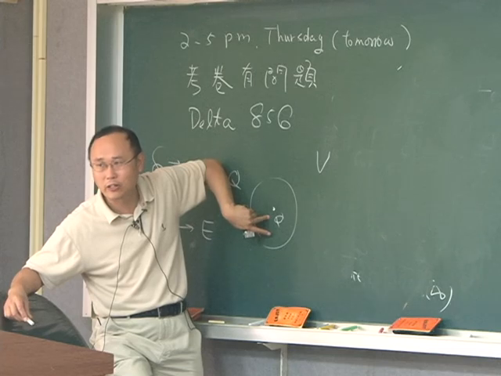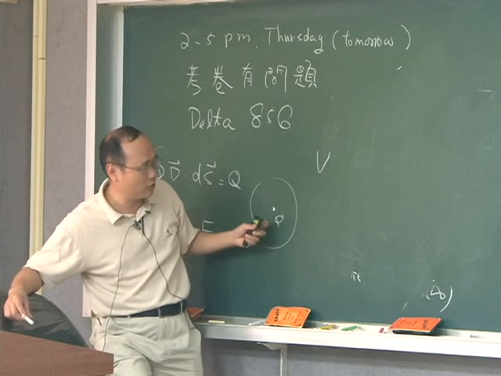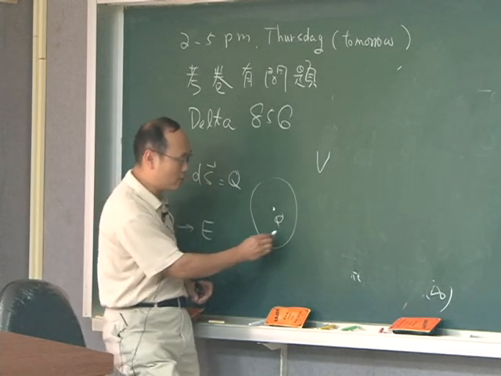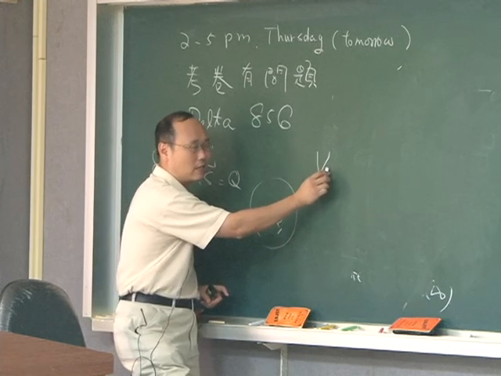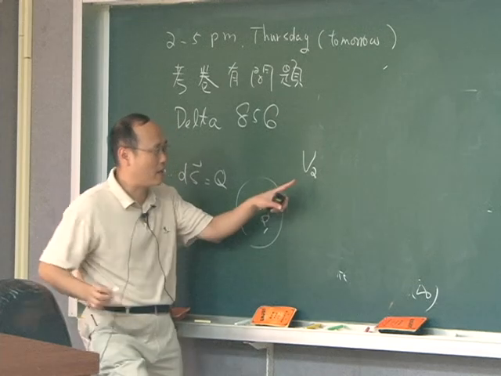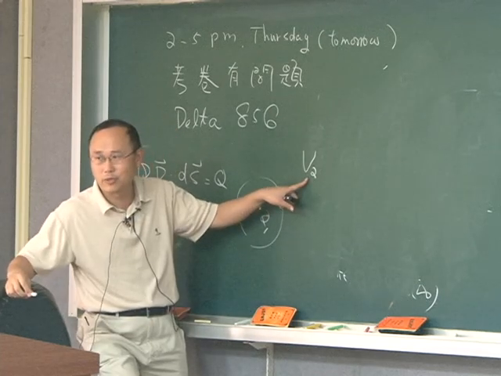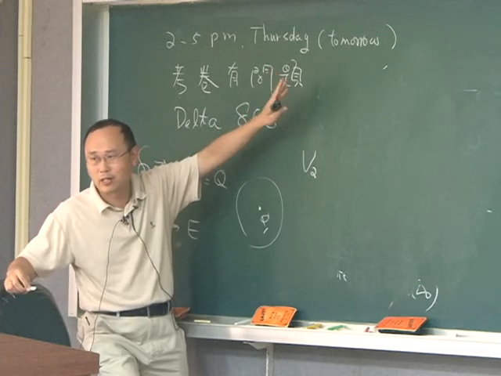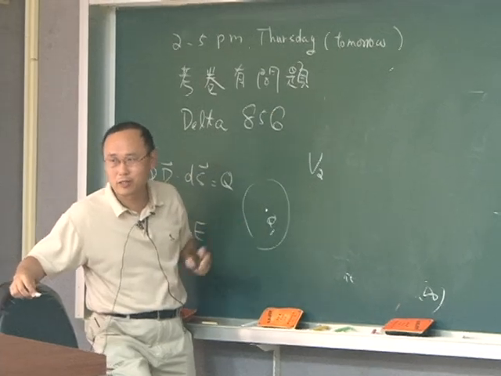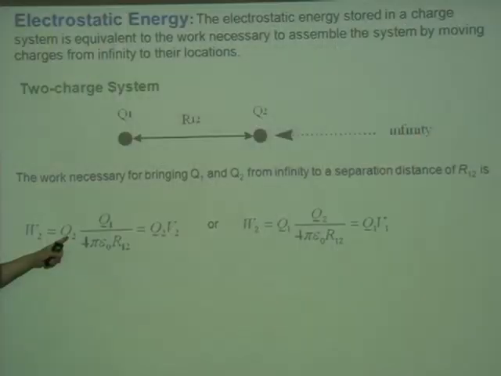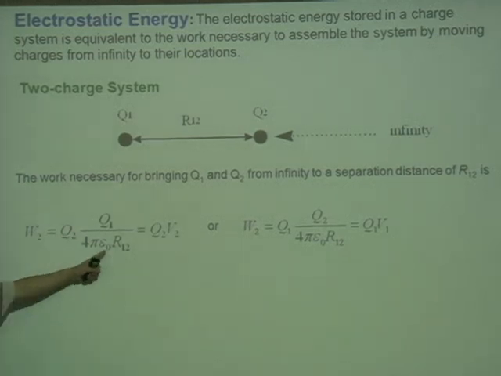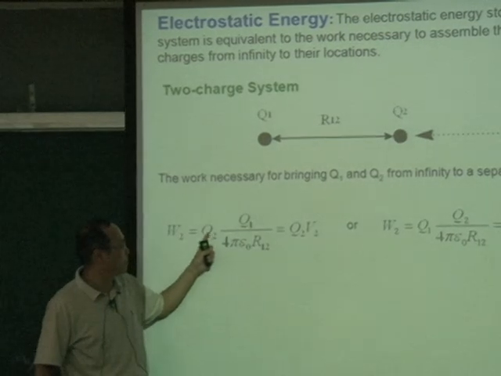So the charge under consideration is this charge. So if I label this 1, this means that the second, I label this with 2, means that the second charge is not under consideration.